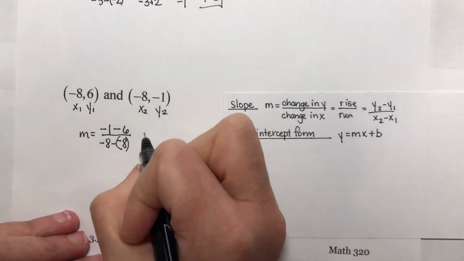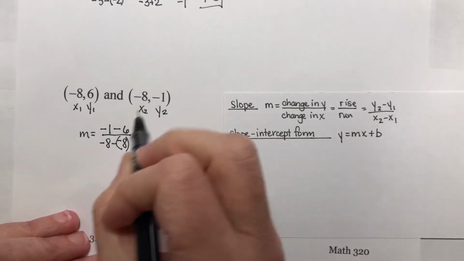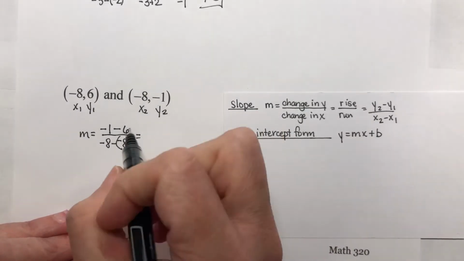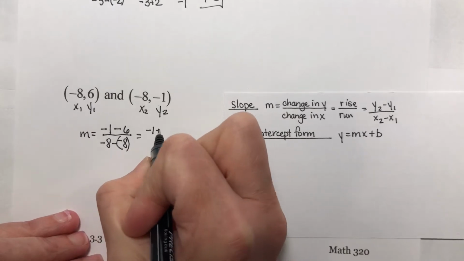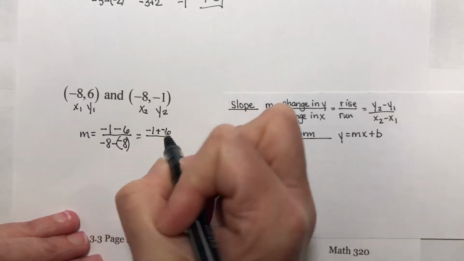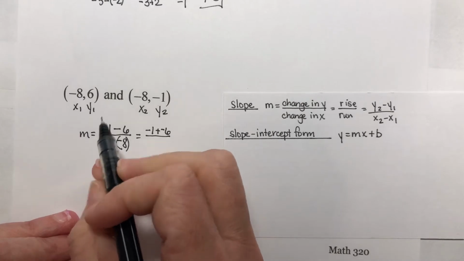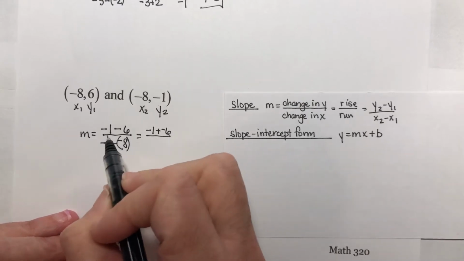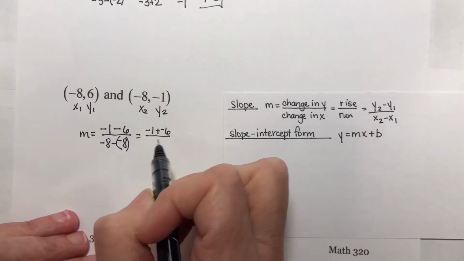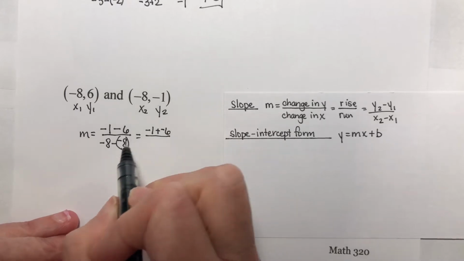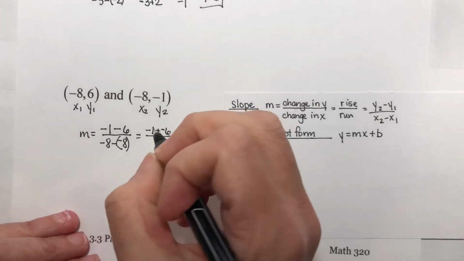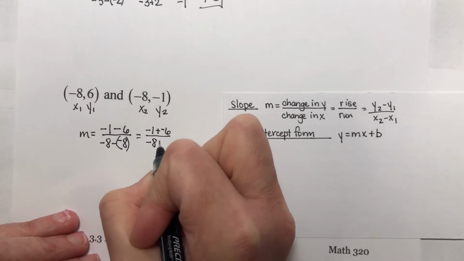Okay, so some arithmetic. -1 minus 6 is the same as -1 plus -6. Some of you will be able to do this in your head by now. Others of you, keep writing out these steps until you feel really comfortable with them. -8 minus -8 is the same thing as -8 plus 8.